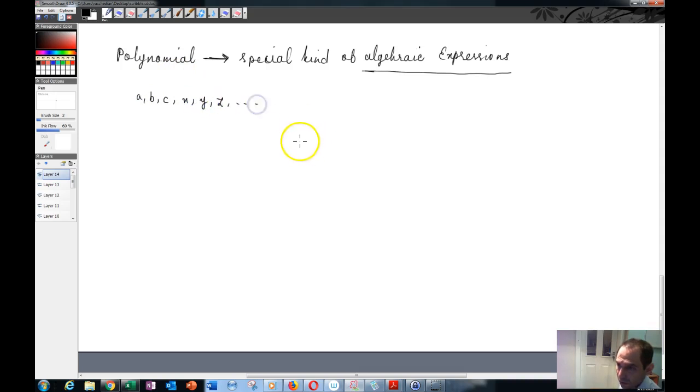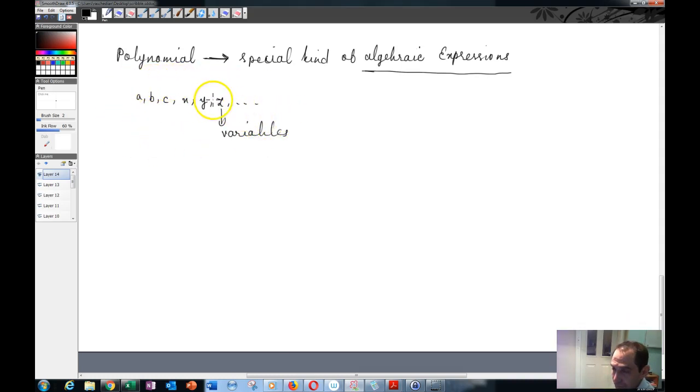There is also usually U, V, W in mathematics, and also the Greek letters we use for different types of things. So these are called variables, and basically these are used in algebra.